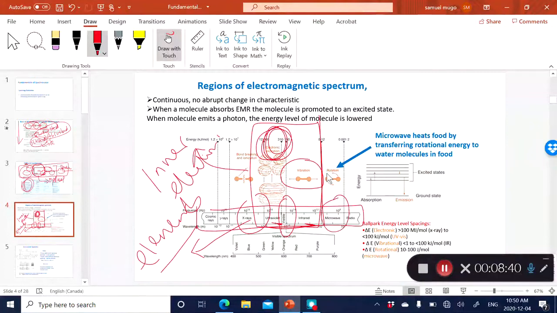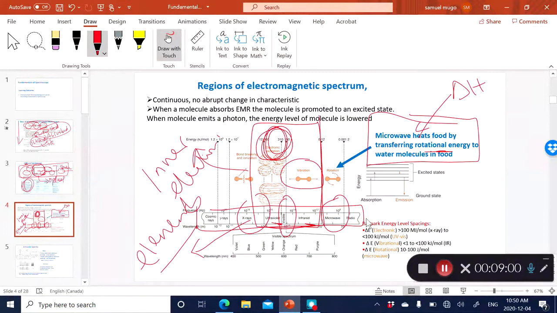The microwave, on the other hand, is very, very weak. It causes the rotation of the bonding electrons. And that is why we use microwaves to heat food, because when you are rotating bonds, they generate heat, okay?